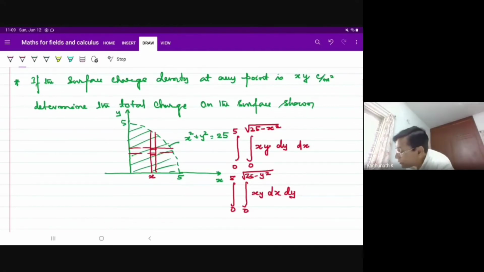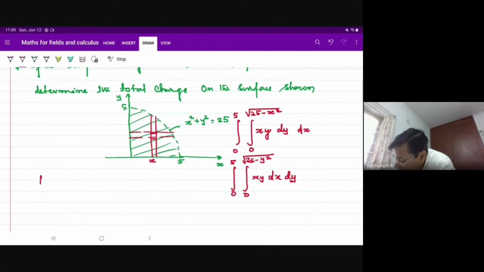This can be done by doing what now? Integral 0 to 5. First integral is what? x into y squared by 2 from 0 to root 25 minus x squared, dx.